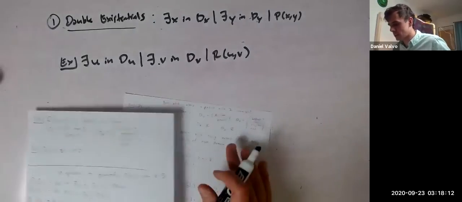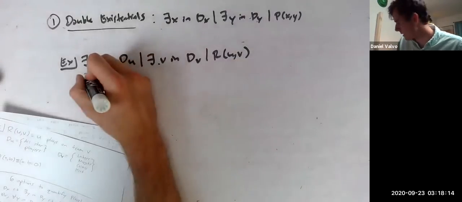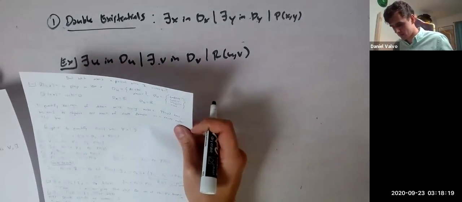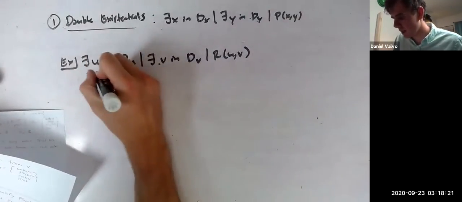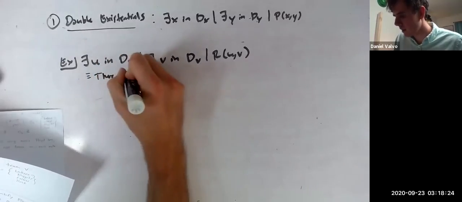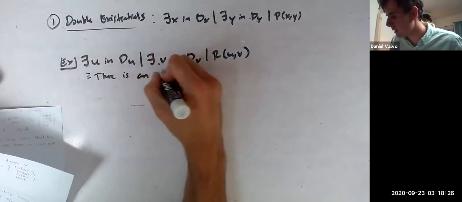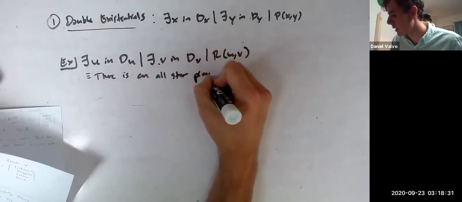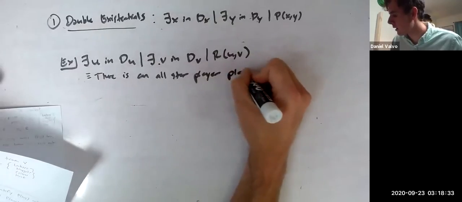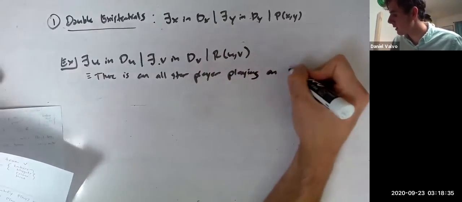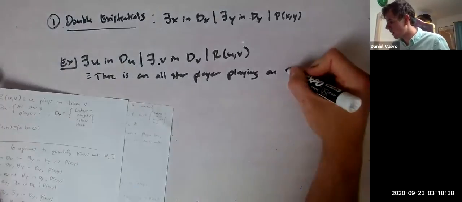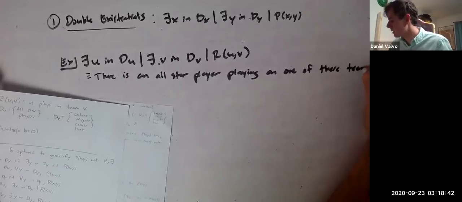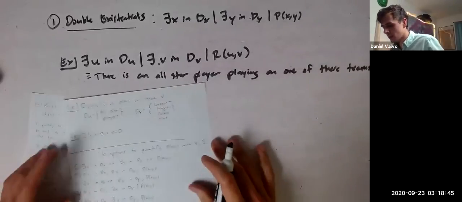So the way you write that in English is you'd say, there is an all-star player playing on one of these teams.